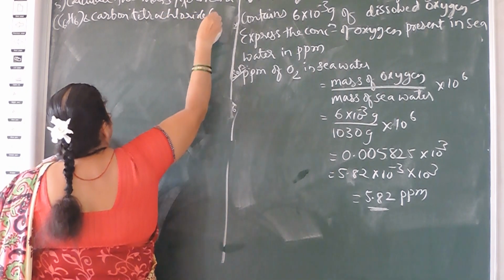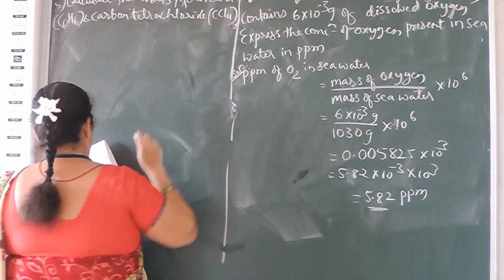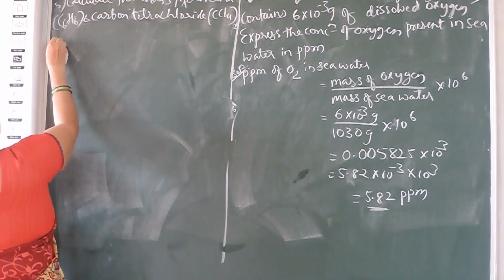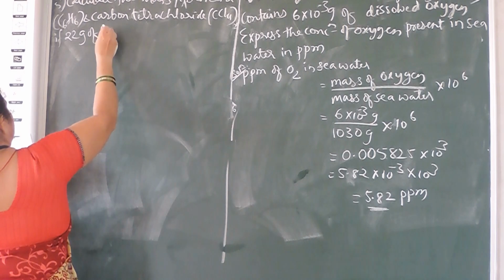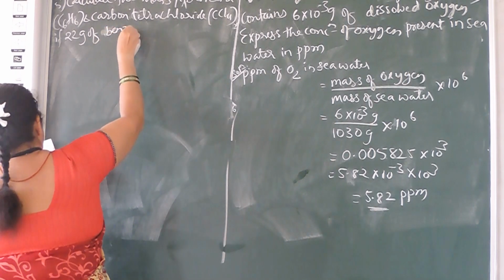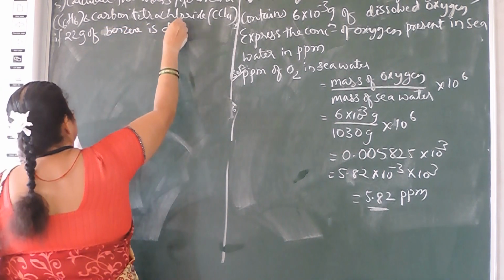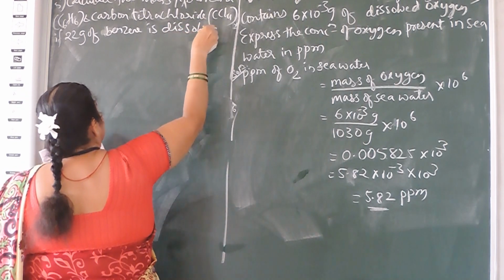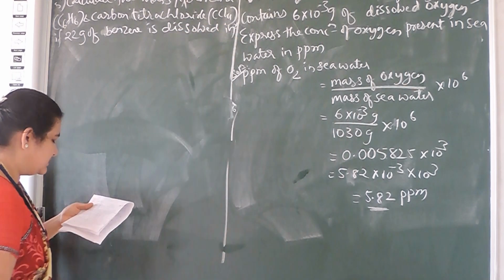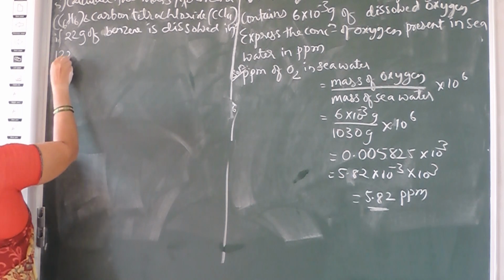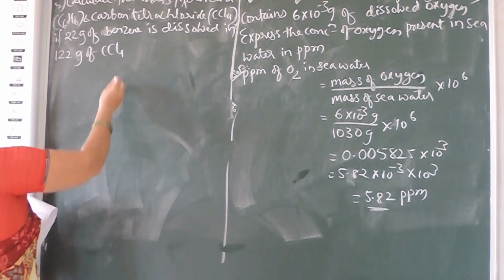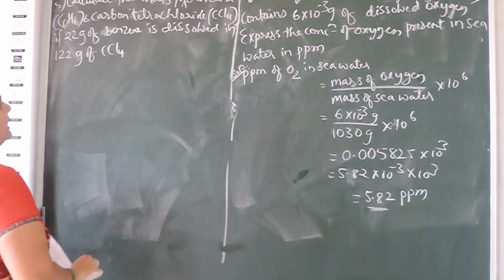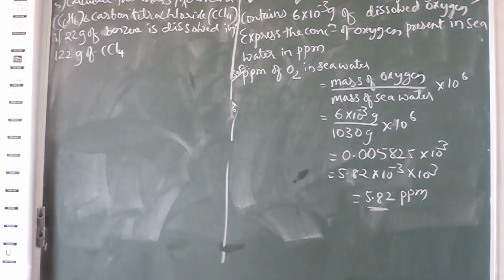Formula of carbon tetrachloride will be CCl4. If 22 grams of benzene is dissolved in 122 grams of CCl4. So the problem is given like this, and you are asked to calculate mass percentage of the solute.